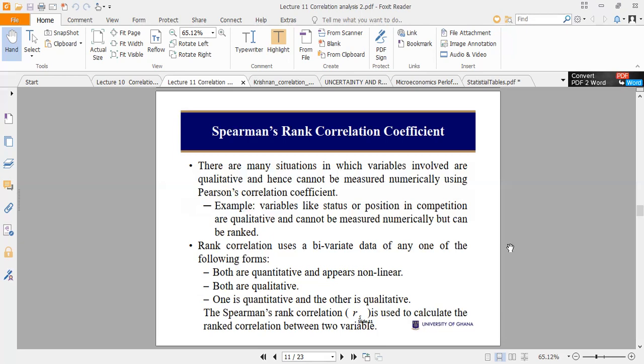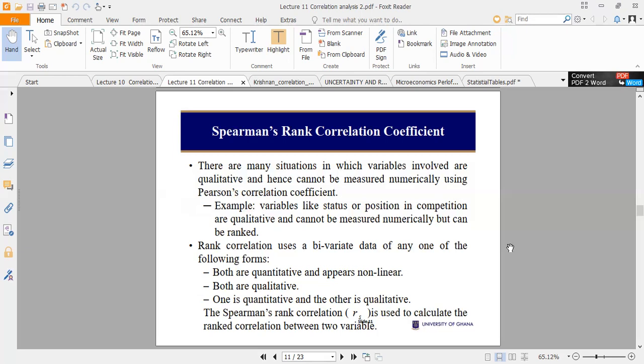For example, there's an examination, and then someone was first, someone was second. There was a competition. Someone is first, someone is second, someone is third, and all those things. When it happens like that, we cannot use the Pearson's correlation coefficient because those things are ranks. So we can use the Spearman's rank correlation coefficient.